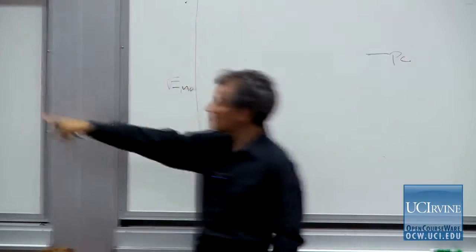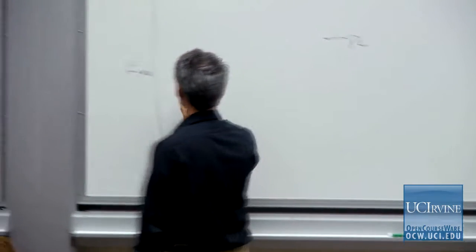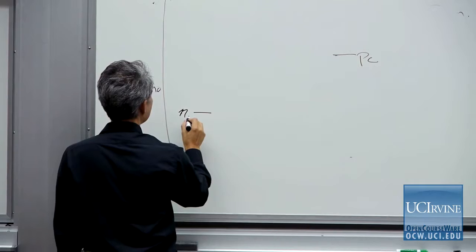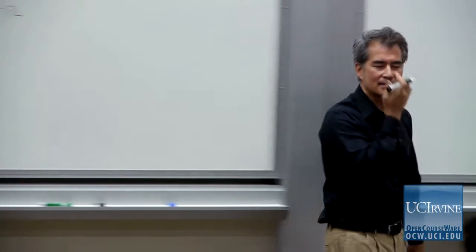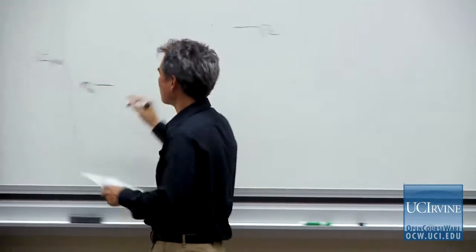But instead of thinking about the pi bond interacting with that orbital, I'm going to think about the lone pair on nitrogen interacting. And what I immediately need to think about is the idea that non-bonding lone pairs on nitrogen, sp2 hybridized non-bonding lone pairs on nitrogen, are higher in energy than pi orbitals.